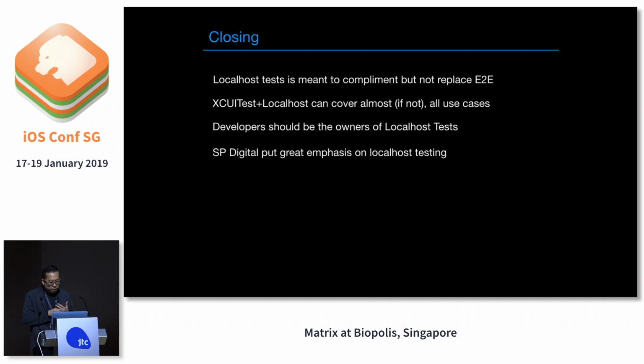And then it took the team within weeks to create our integration localhost UI automation test suite. As long as the dependencies are working as expected, having UI localhost test gives us plenty of confidence to roll out releases, because we are able to automate almost all of our use cases. So here I encourage fellow iOS developers to start writing UITest with localhost.